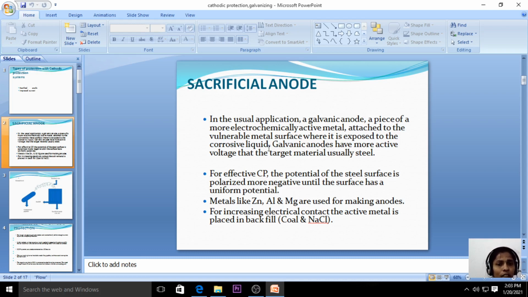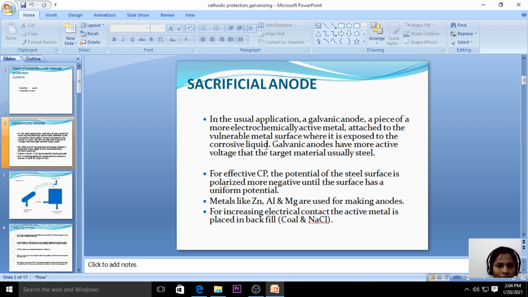Do you know what a highly active metal is? The metal which is in the top position in the electrochemical series acts as the anode, and that is the highly active metal. So we protect the base metal with a highly active metal. When the base metal is coated with the highly active metal, the base metal acts as the cathode and the highly active metal acts as the anode.